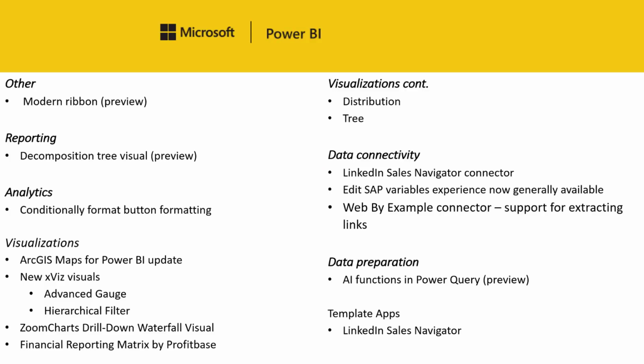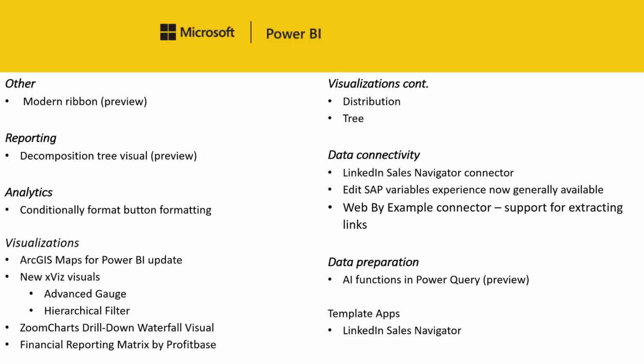Under visualizations this month, the first feature I'm going to talk about is the ArcGIS Maps for Power BI update. This visual is the visual that you see by default in the visualization pane that is made by the Esri team. And they have 3 really exciting updates this month for the visual. The first is that the visual now supports connecting to ArcGIS Enterprise servers using the built-in authentication method.